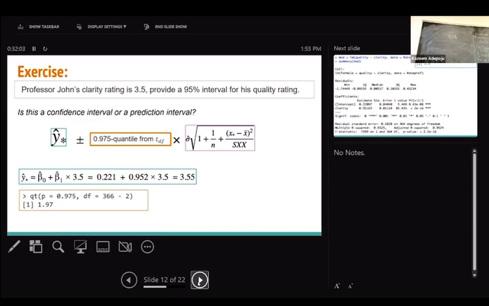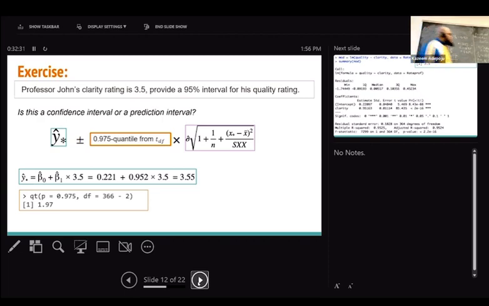How many times out of 100? 5 times. That is going to be 1 minus alpha over 2. This here is the confidence level, which is 0.95. The alpha is 1 minus the confidence level, which is 1 minus 0.95, which is 0.05. So you're going to do 1 minus 0.05 divided by 2. So this is going to give you 0.975.